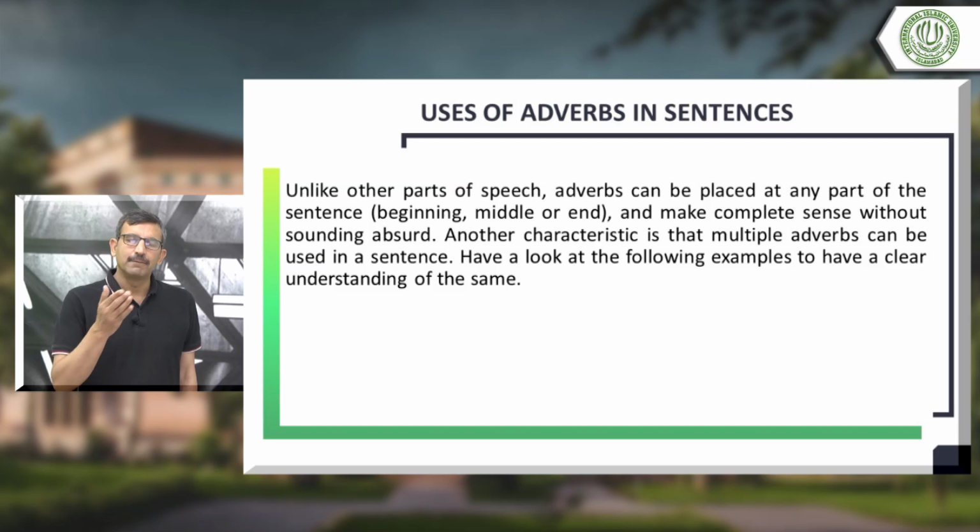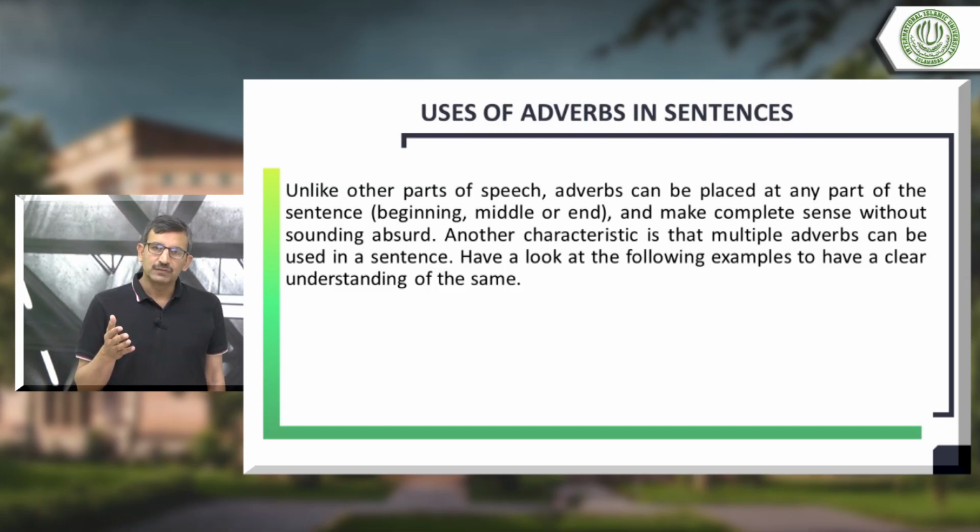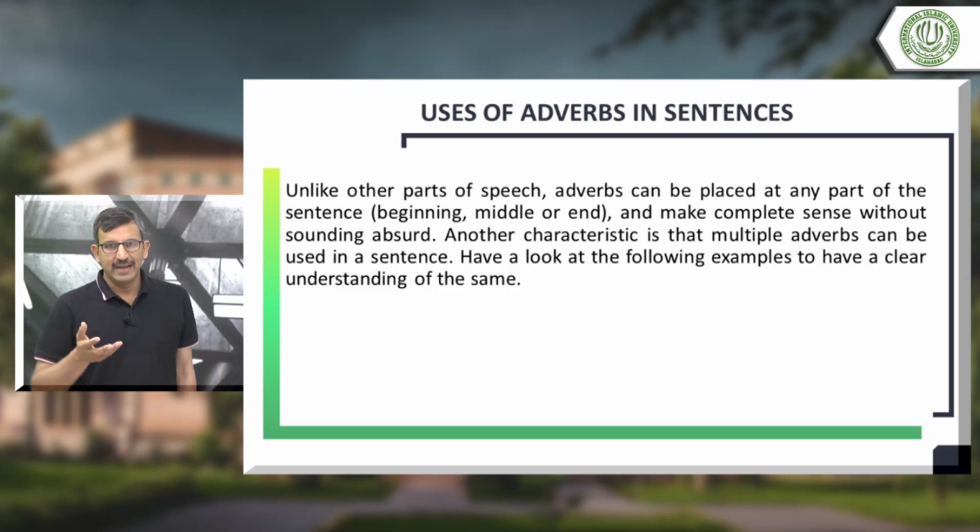It can come in the beginning of a clause, in the end position of a clause. And most of the time, the meaning of the adverb won't get changed. But sometimes, when we change the place of the adverb in a sentence, the meaning of the sentence will get changed.